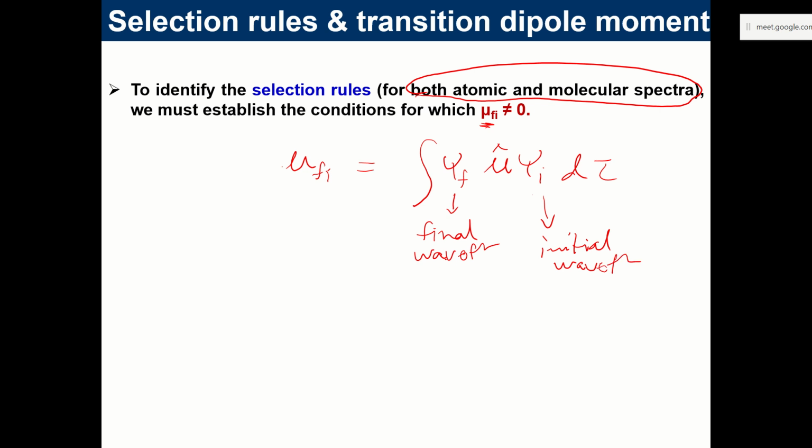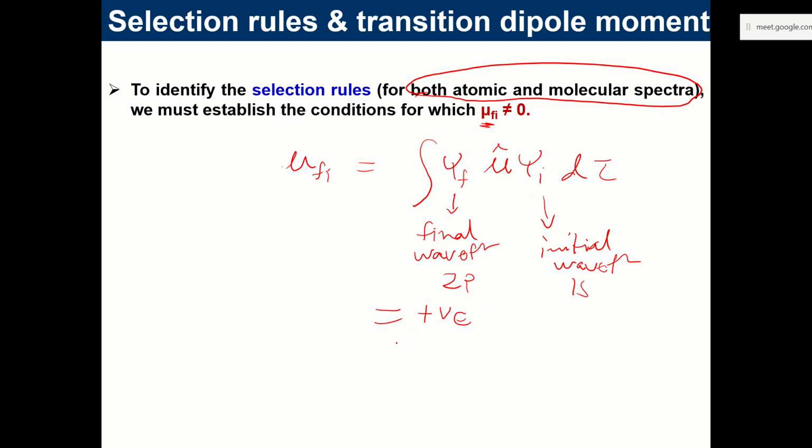Okay, so when we are talking about the final state as 2p, from 1s, this is happening because a net dipole is developed. And when it is 1s to 2s, there is no dipole developed, so this mu Fi must have a finite value.